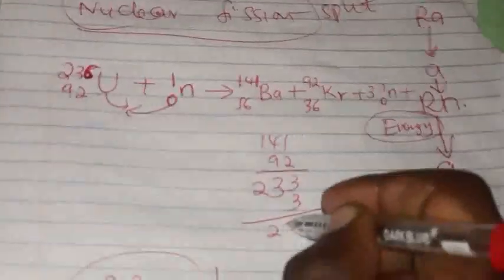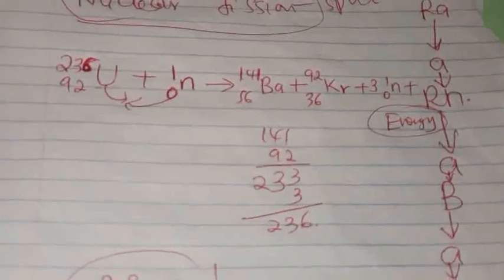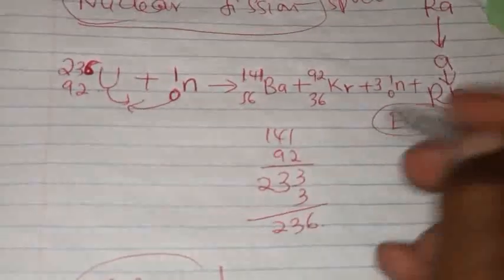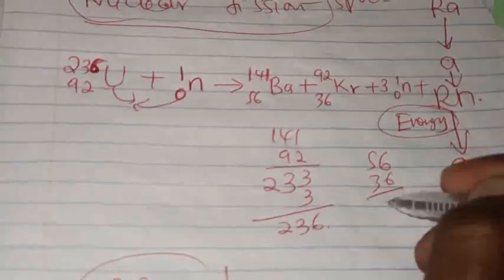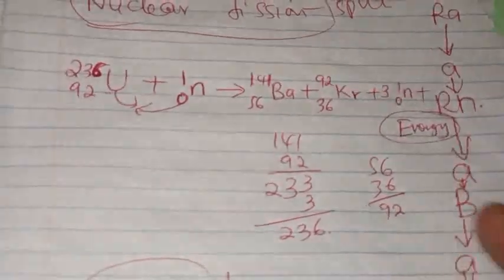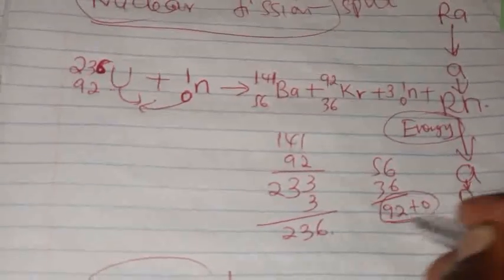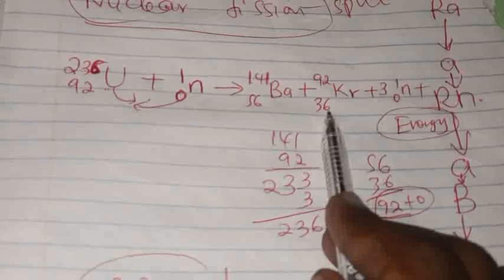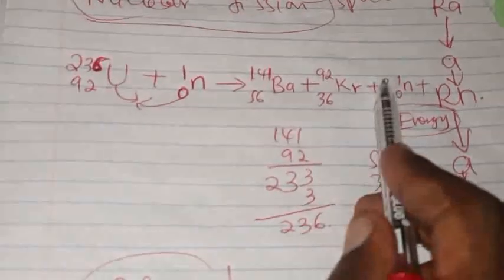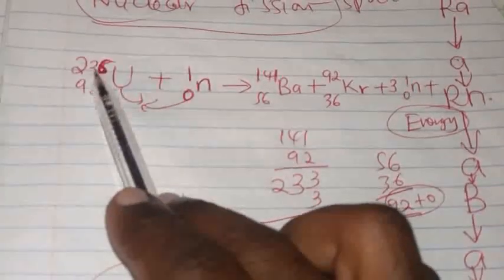So you end up having 236 as your mass number. At the bottom, you have 56 plus 36, that gives you 92. Then 3 times 0 is just 0, so 92 plus 0 is 92. Then 141 plus 92 plus 3 times 1 should give you 236.